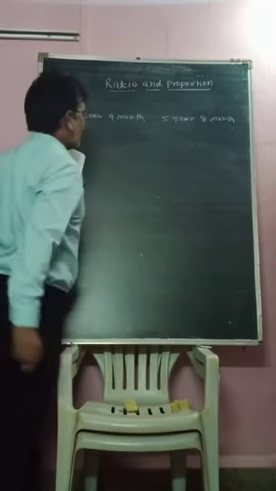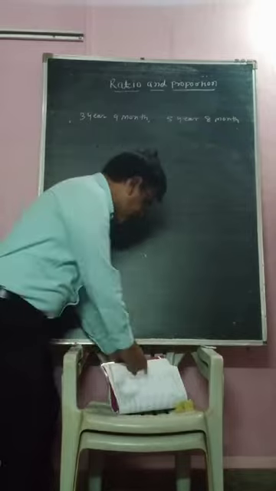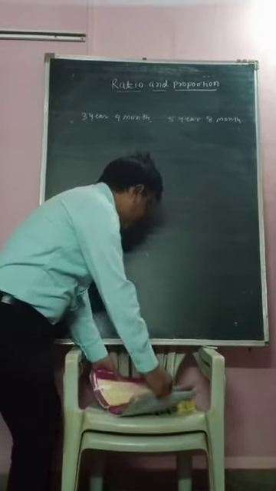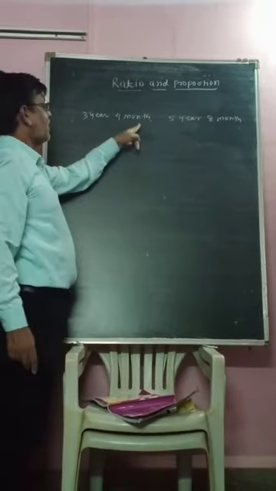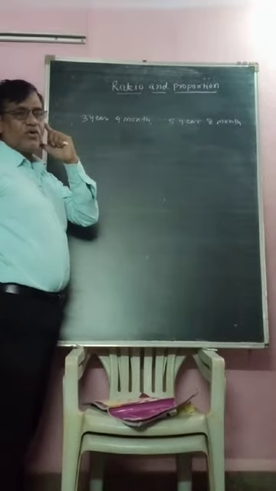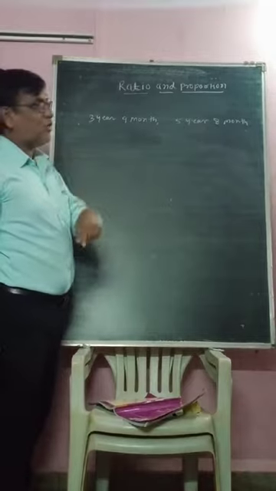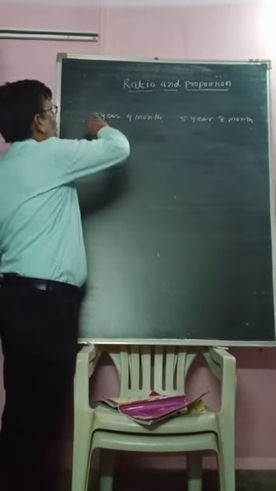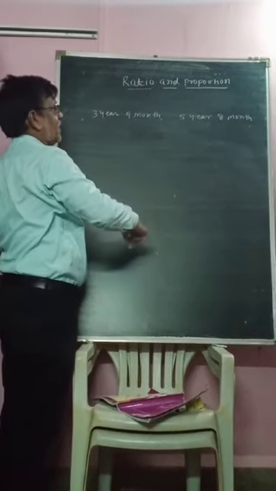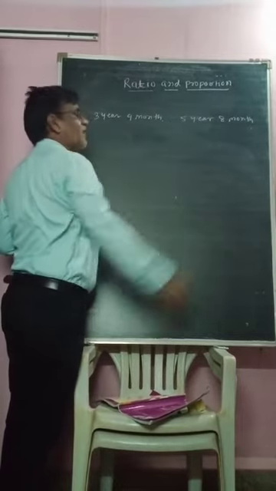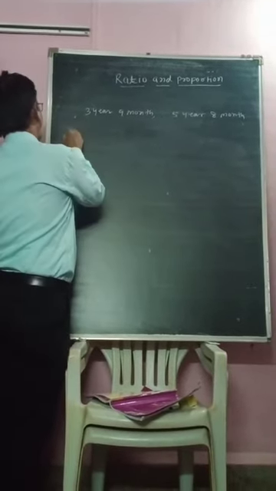Okay. Now here, see, the given quantities have the units year and month, but you have to convert the given quantities into a single unit, that is the same unit. So first you have to convert the year into month, and here also you have to convert the year into month.